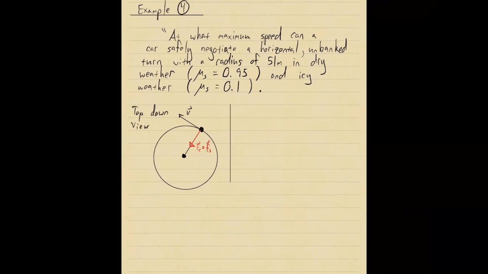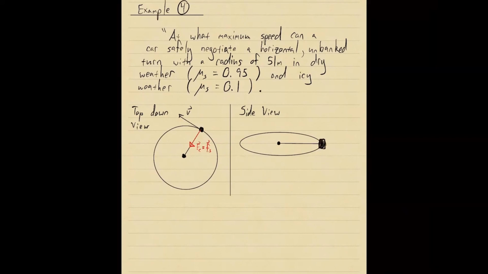Right, then over here, I'm going to draw a side view. Like this. So if this is our circle now from the side, and here's the center of this circular path, and then our car is right here. Draw this little box.